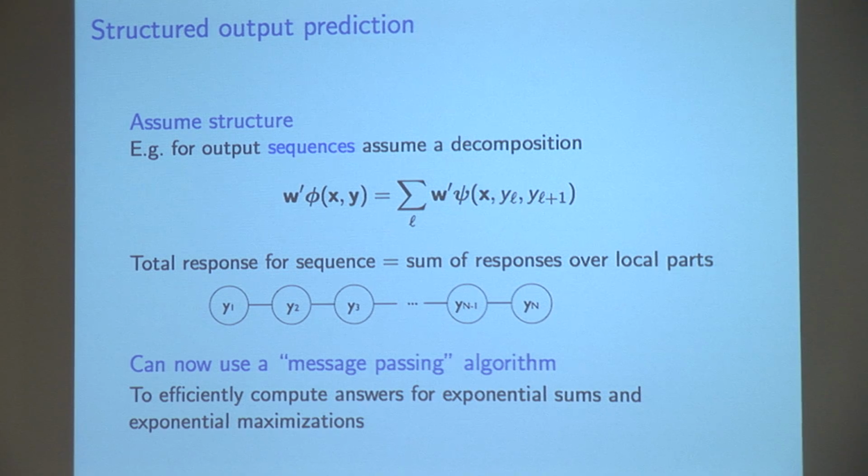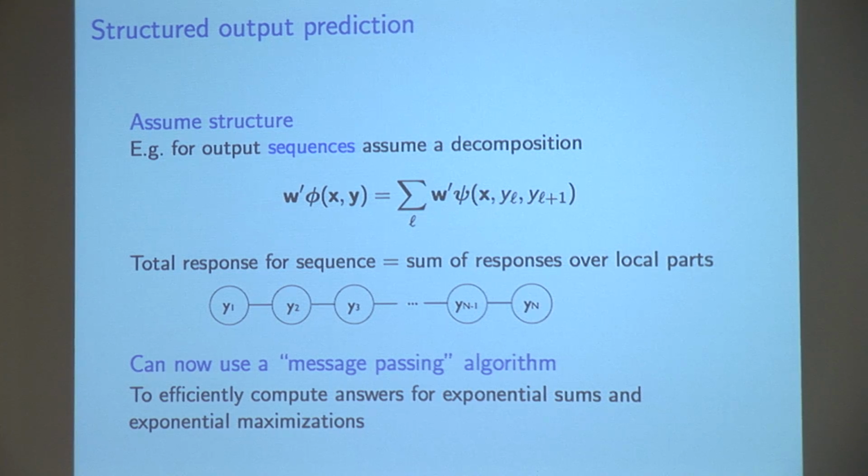And so I'm going to break my big input-output representation into a decomposed sum of local input-output representations, where the local, I should have indexed this by L too. Anyway, our local input-output representation depends on a clique. Now, it doesn't have to just be two elements to the clique, but in a sequence we just have cliques of pairs. So I have local input-output features, and my overall feature representation of a big structure just decomposes additively into the sum of all my little local feature representations, or my little scores.